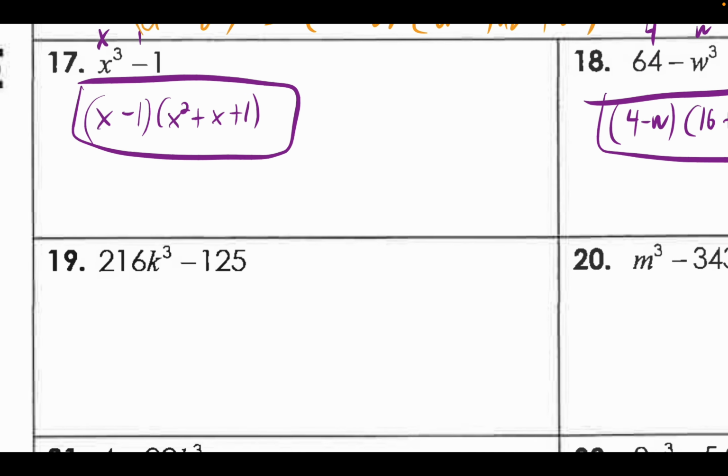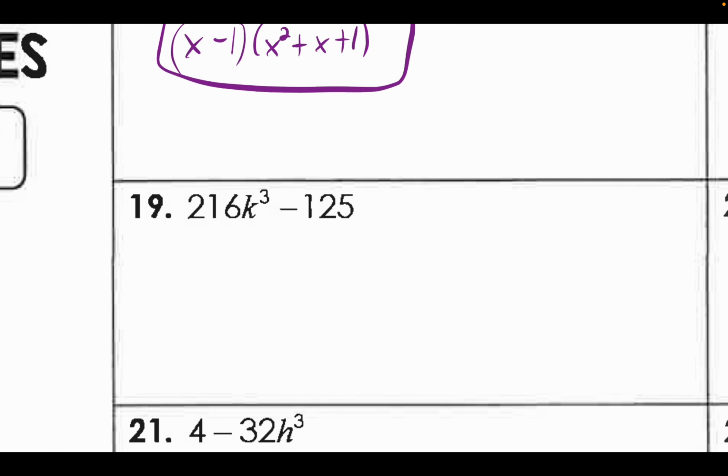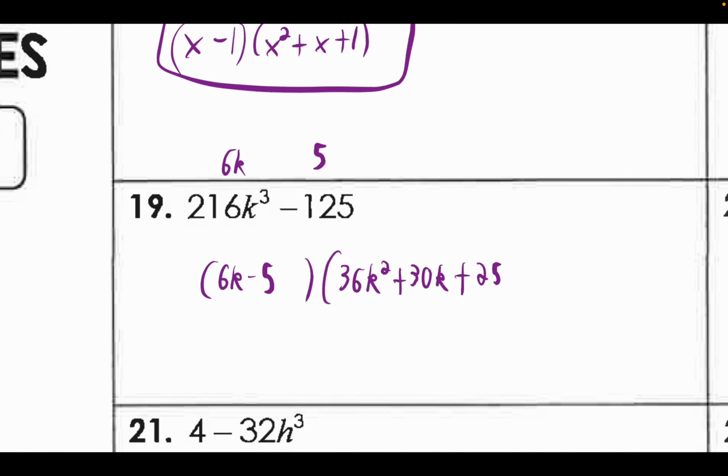Number 19. The cube root of each of these, so cube root of 216k cubed is 6k, and the cube root of 125 is 5. So we'll follow our pattern. 6k minus 5 in the first parenthesis. Our other parenthesis would be 6k squared, which is 36k squared, plus 6k times 5, or 30k, plus 5 squared, which is 25.